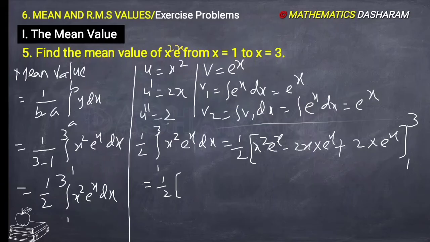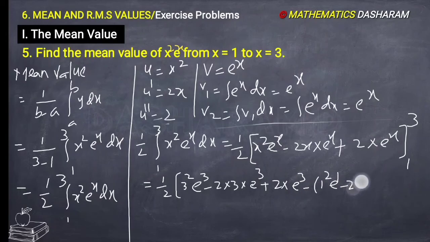Apply the limits here to e power x, substitute the upper limit: 3 square into e power 3 minus 2 into 3 into e power 3 plus 2 into e power 3, minus, next the lower limit: 1 square into e power 1 minus 2 into 1 into e power 1 plus 2 into e power 1.